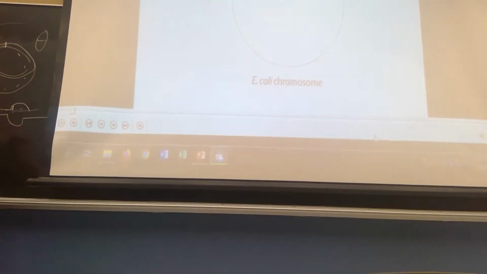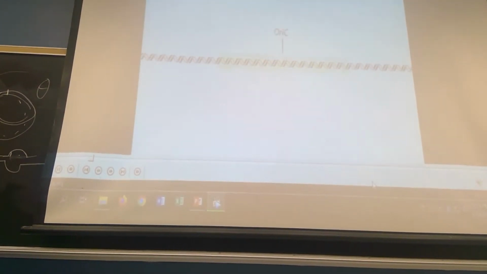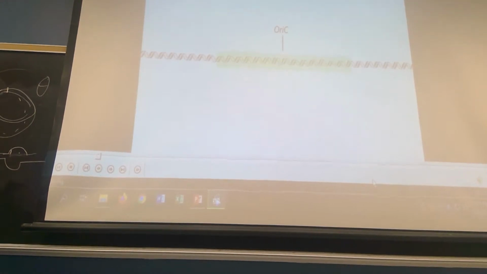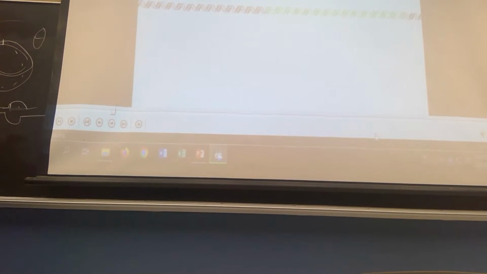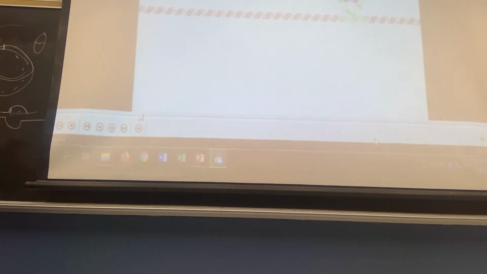Initiation of replication requires a particular DNA sequence called the origin. This sequence is called oriC in the E. coli chromosome. A protein called the initiator protein binds to oriC and causes the DNA to unwind. Unwinding requires several proteins.